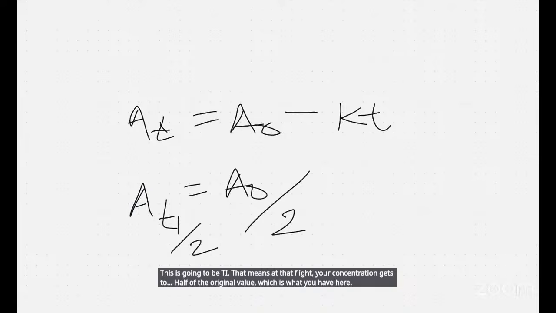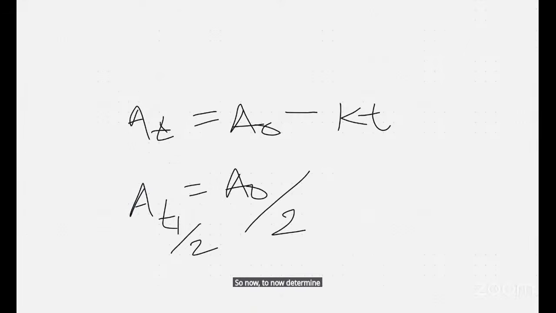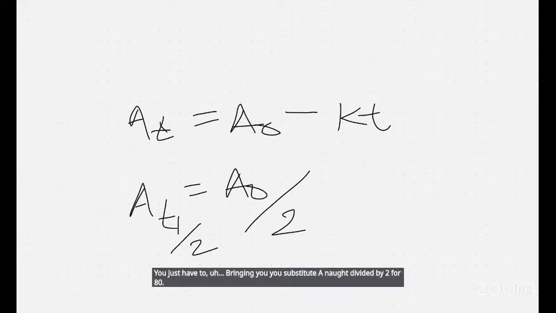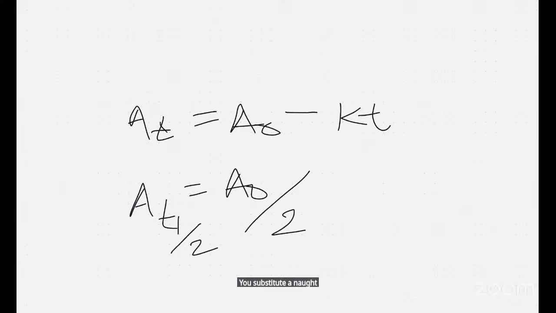So now, to derive the formula for half-life, you substitute A naught divided by 2 for At. That means you rewrite that equation.